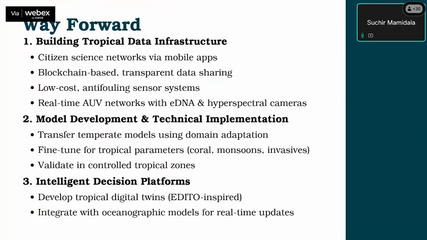Next, the existing CFD-ANN and LSTM models from the temperate regions can be adapted via transfer learning, incorporating tropical specific factors like coral interactions and monsoon dynamics. Field validation will ensure accuracy and robustness. This integrated approach will enable precision biofouling management where it's needed the most.